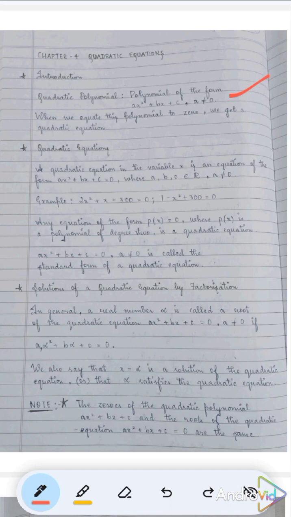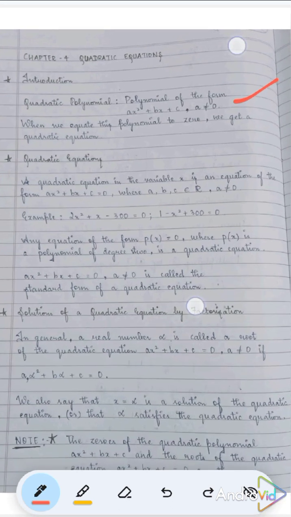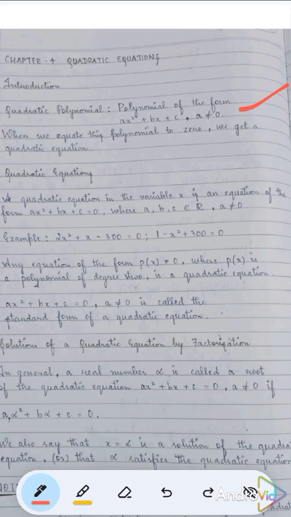A polynomial of the form ax square plus bx plus c, wherein a is not equal to 0, is called a quadratic polynomial. When we equate this polynomial to 0, we get the quadratic equation.